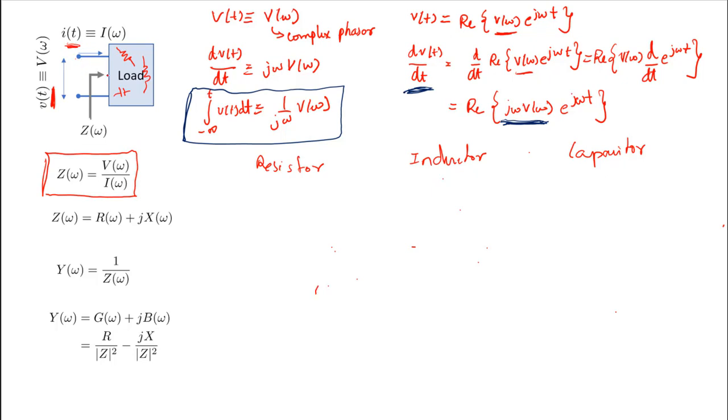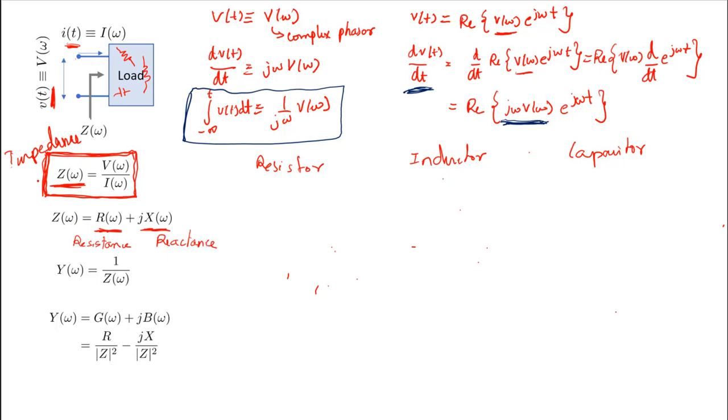To do that, the phasor representation makes things a lot easier, so that we can define the ratio of voltage to current in this complex representation as what is called impedance. Since V and I are phasors, this impedance is in general a complex number. It has both a real part and an imaginary part. The real part we call the resistance, and the imaginary part is what we call the reactance.